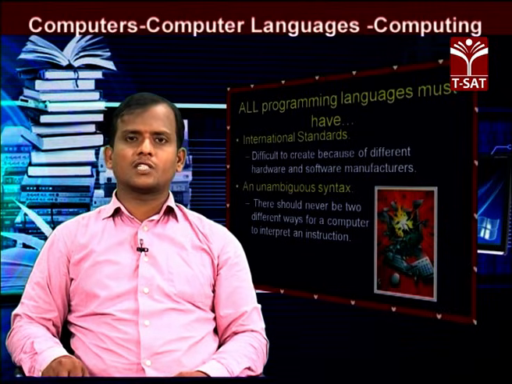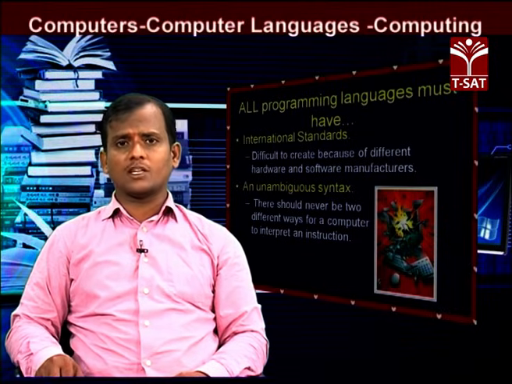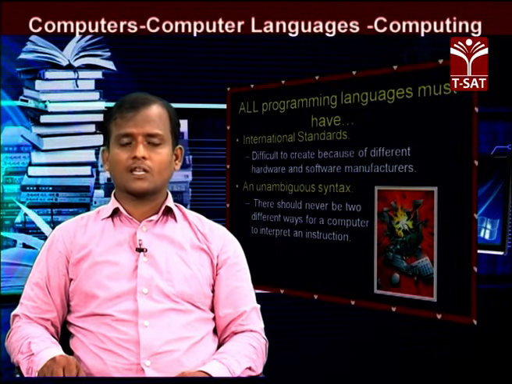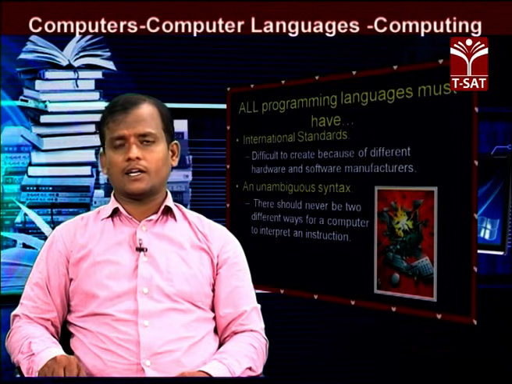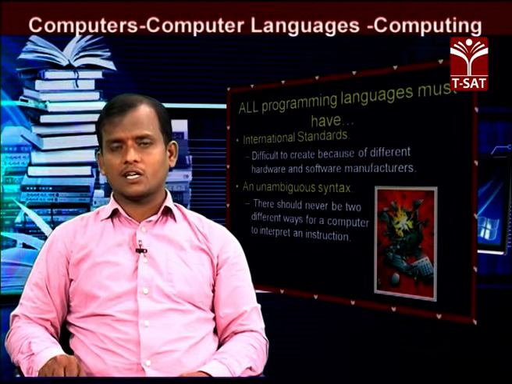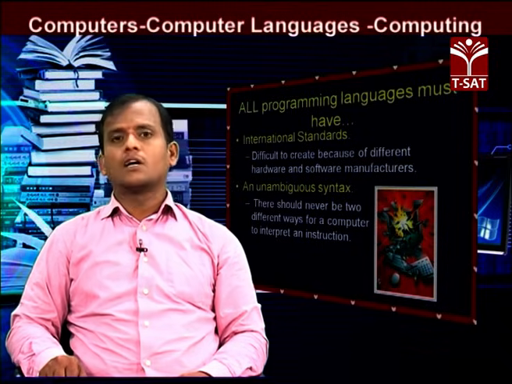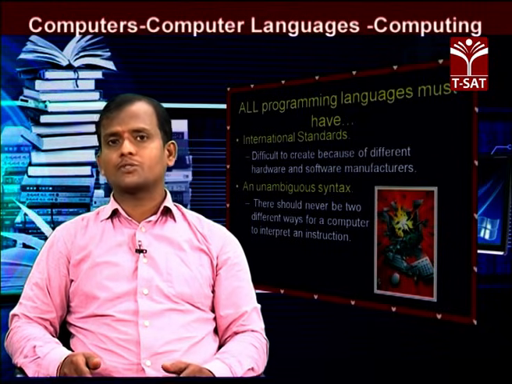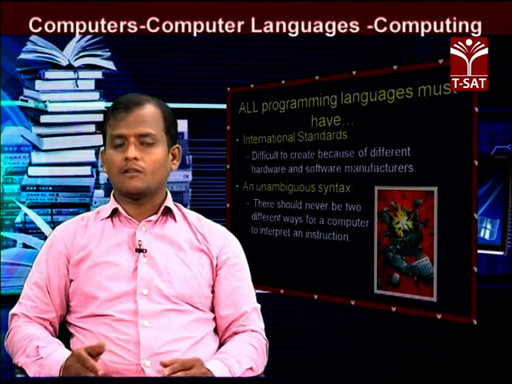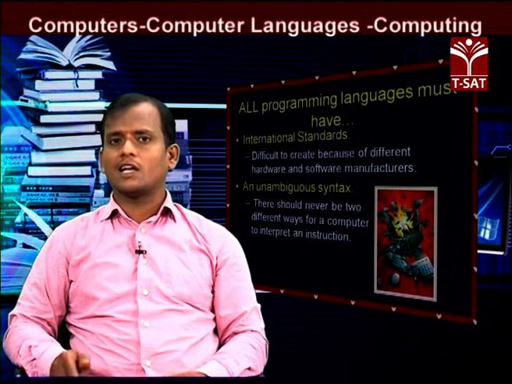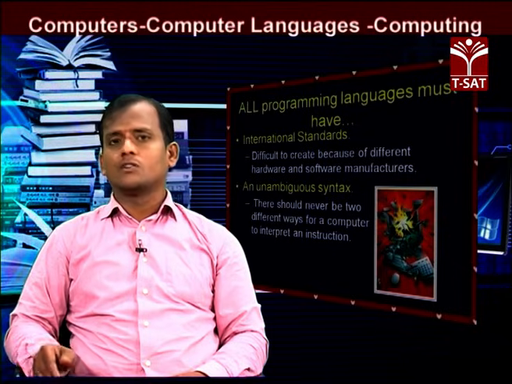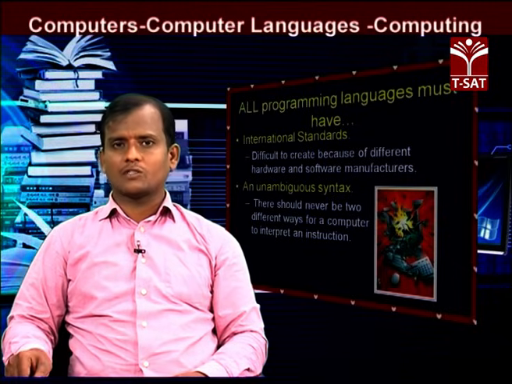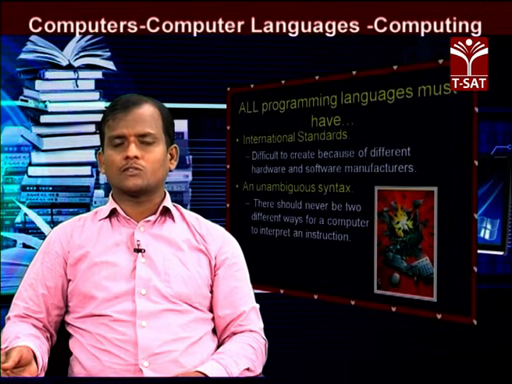The answer is we have something called translators, like compiler and interpreter. The compiler will convert the high level language to machine level language, that is zeros and ones, so that the machine can understand the code and execute it.